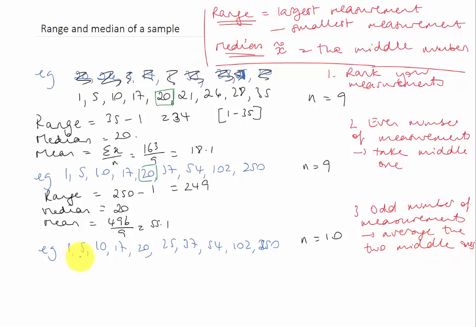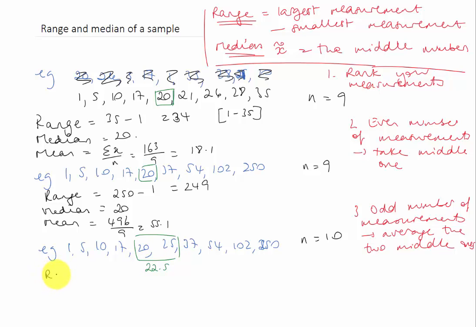So in this case, we've got 1, 2, 3, 4, 5, 6, 7, 8, 9, 10. Our middle ones will be 20 and 25, so we've got 4 smaller and 4 bigger. And so we need to average these two, which is 22.5.